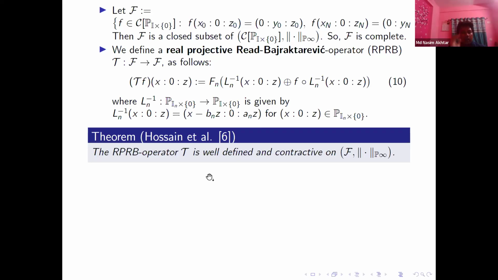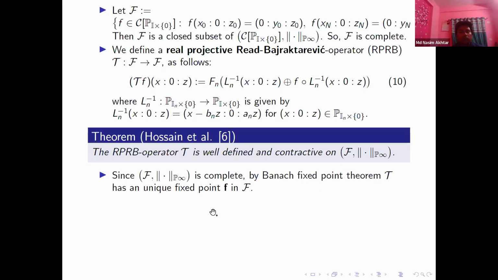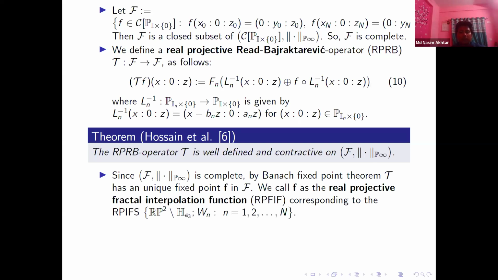Then the next result is that the RB operator T is well defined and contractive on F with the sup norm. Since this is complete, by the Banach fixed point theorem it has an attractor, and we are naming it the real projective fractal interpolation function corresponding to the RPIFS {RP2 minus H3; Wn}.